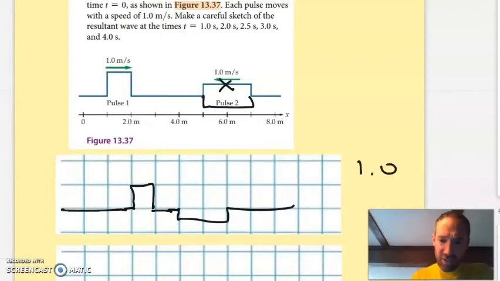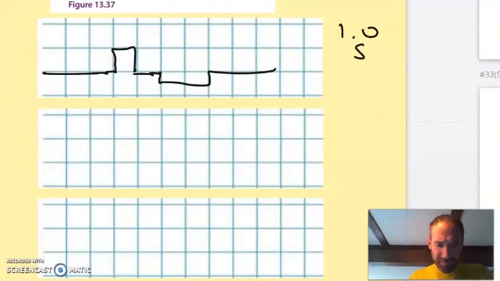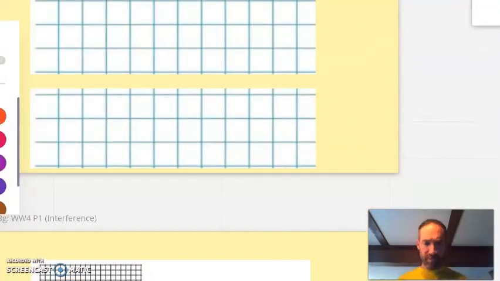So there's 1 second. At 2 seconds, they will be overlapping in this center spot. Wave pulse 1 would want us to go up. Wave pulse 2 would want us to go down. And so we're going to end up adding those two together. And we're going to have that at 2 seconds. Now, how about 2.5 seconds?